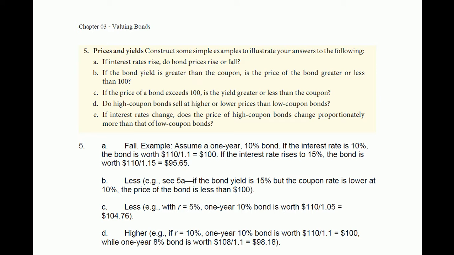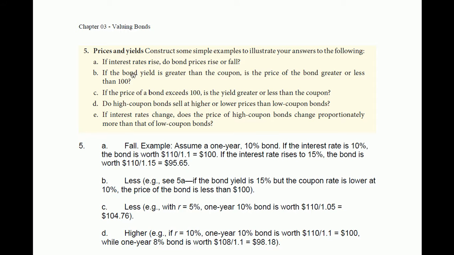So we can see that when the coupon rate is equal to the interest rate, the bond will sell at par. If the interest rate rises to 15%, the bond is worth 110 over 1.15, and the price will be 95.65. So the bond is sold at a discount when the coupon rate is lower than the interest rate.